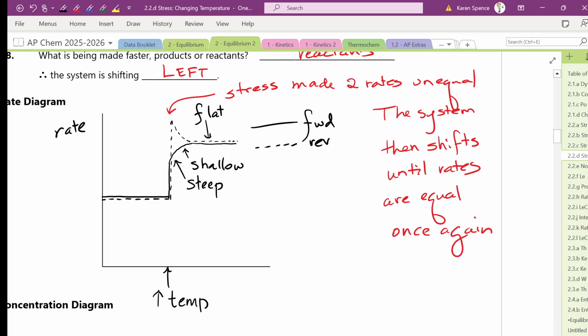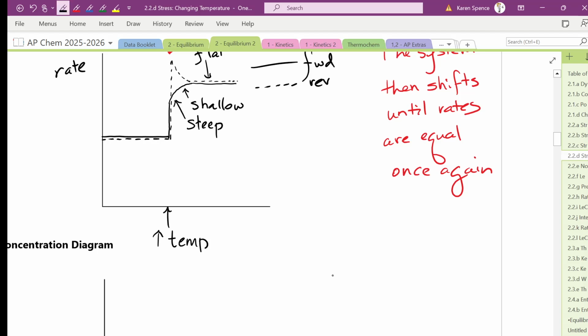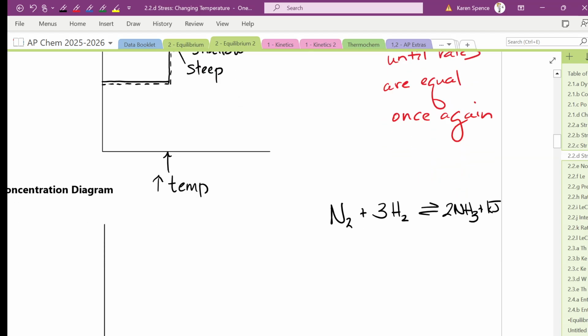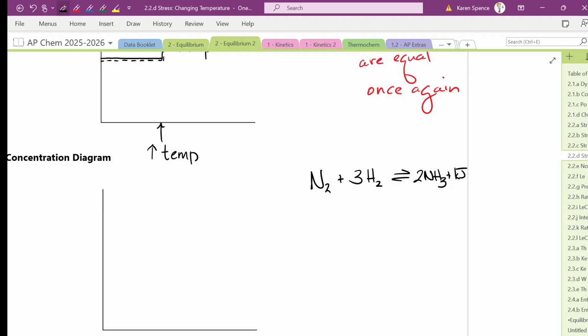Our concentration diagram, I should rewrite this equation again: N2 plus 3H2 in equilibrium with 2 NH3 plus kilojoules. And it really doesn't matter what order we put these in.